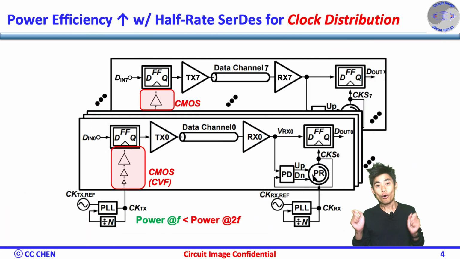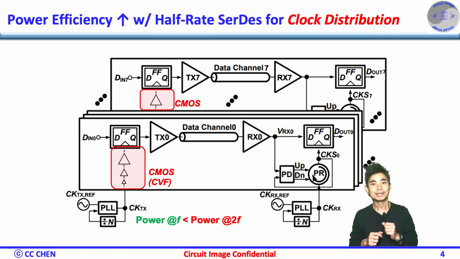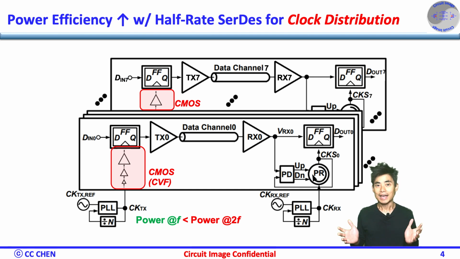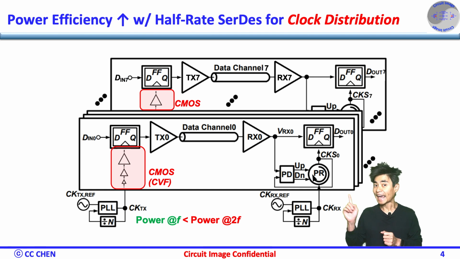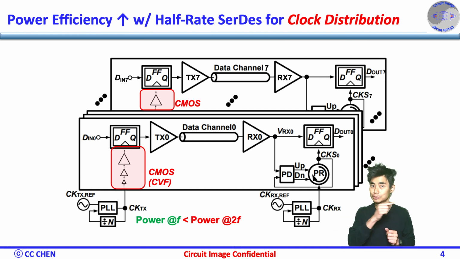Furthermore, we only show a single lane SerDes, and you may have 4 lane or even 8 lane SerDes. Then the clock distribution between those 8 lanes will become very power hungry.